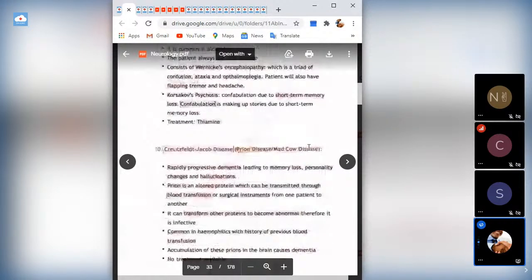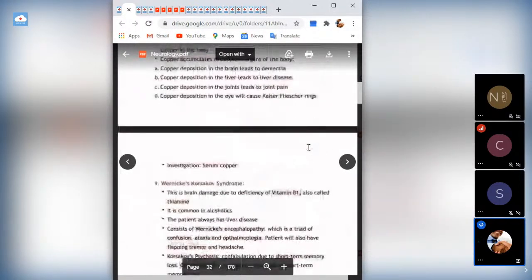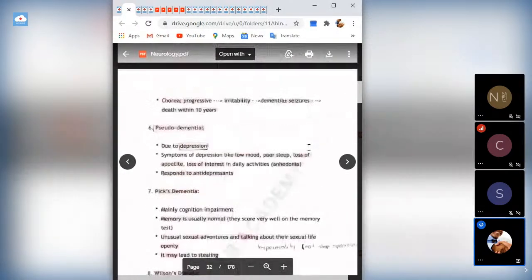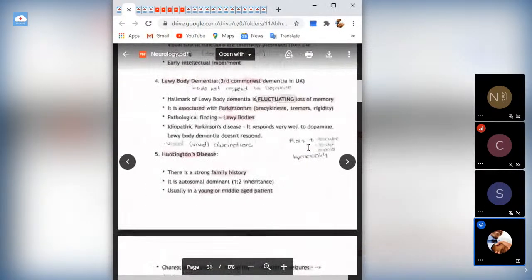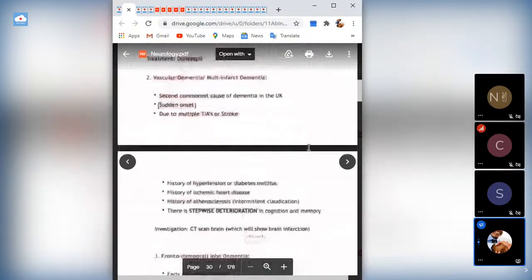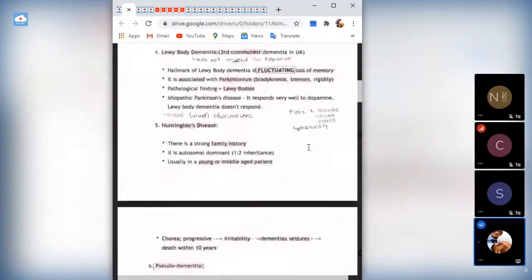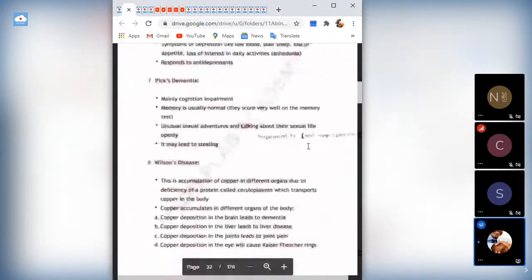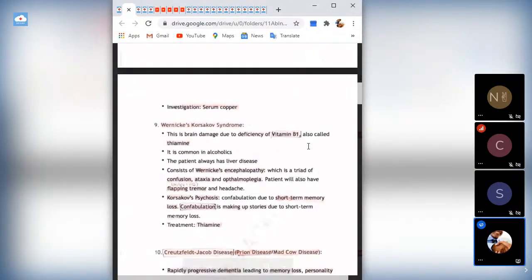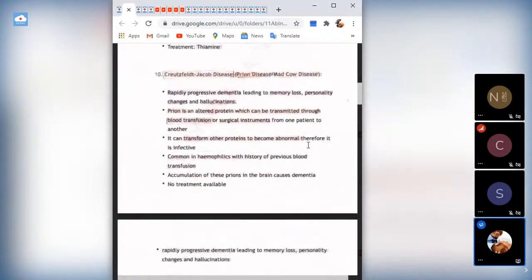Maybe Korsakoff's, when you give thiamine. But many of these things are actually not reversible. No matter what you do for a vascular dementia, the brain has been damaged. What you do for Alzheimer's disease, the brain has been damaged. Hypothyroidism, well, possibly, not sure.